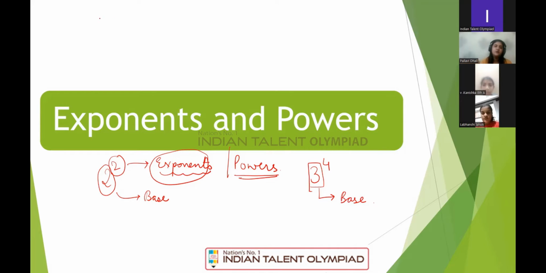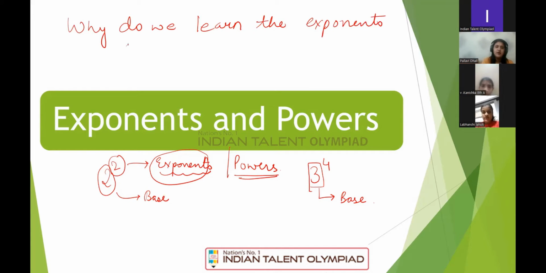And why do we use exponents and powers? Why do we learn exponents and powers? Anyone can tell me? Ma'am, for example, if we have to multiply 3, 4 times, in short form we use 3 raised to the power 4.